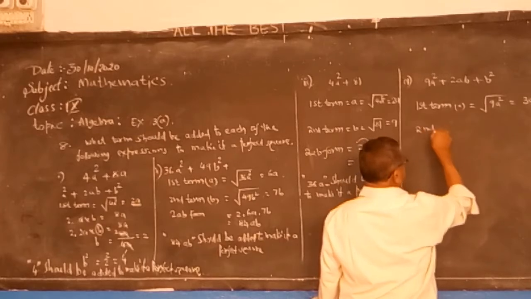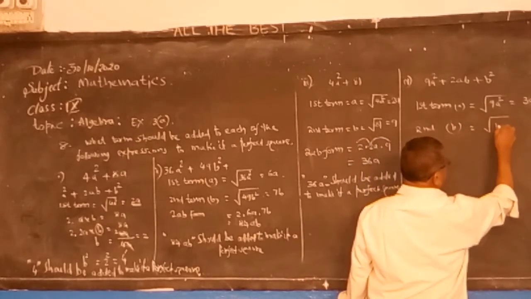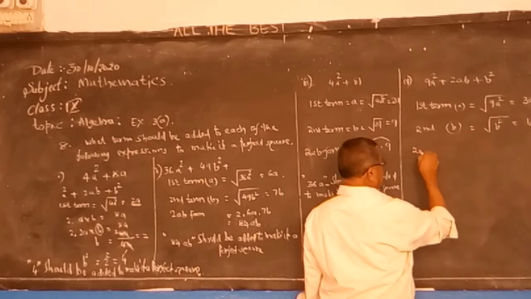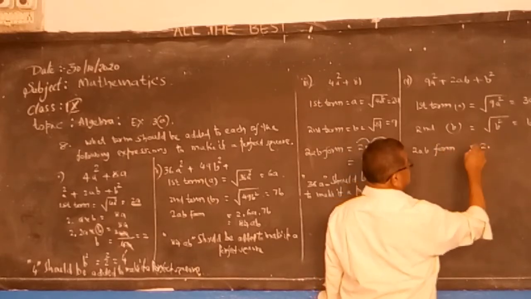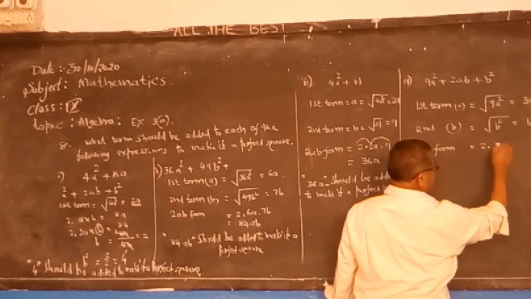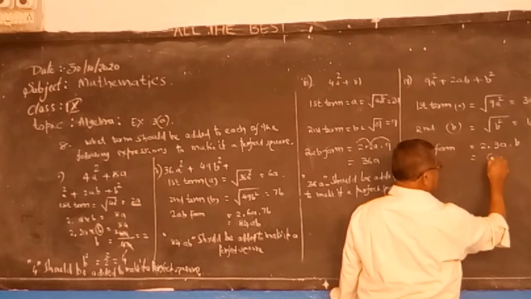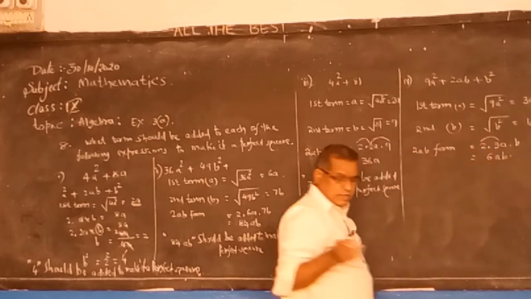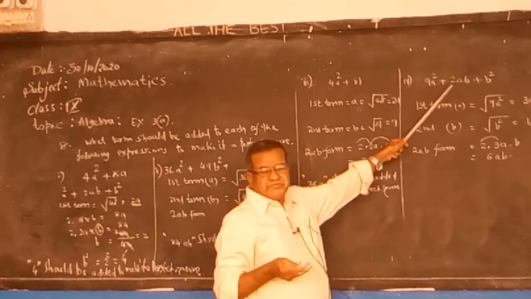Second term b is equal to the square root of b squared, that is b. So the 2ab form is equal to 2 into first term 3a, second term b. 2 3s are 6, 6ab. That should be 6ab, but here it is 2ab.